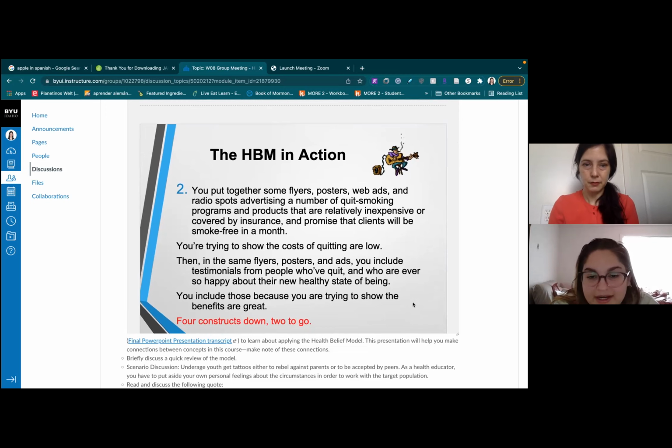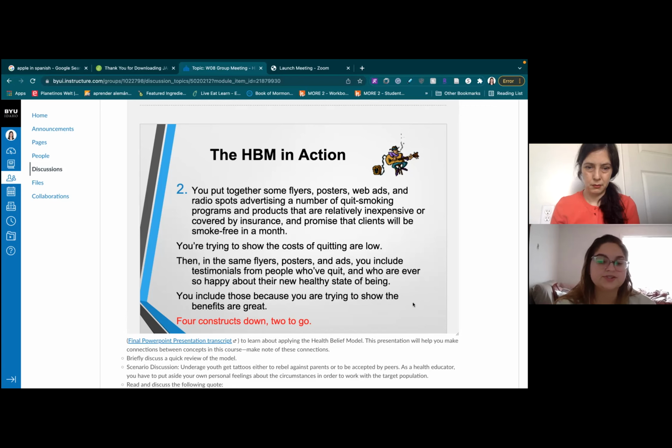The HBM in action. You put together some flyers, posters, web ads, and radio spots advertising a number of quit smoking programs and products that are relatively inexpensive or covered by insurance, and promise that clients will be smoke-free in a month. You're trying to show the cost of quitting is low. Then in the same flyers, posters, and ads, you include testimonials from people who've quit and who are ever so happy about their new healthy state of being.